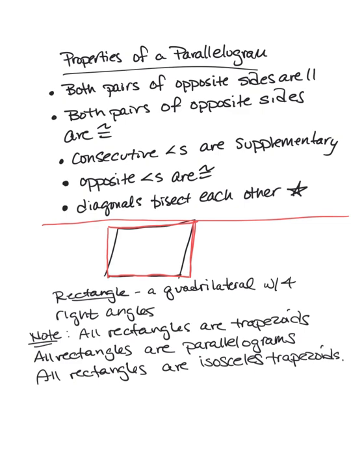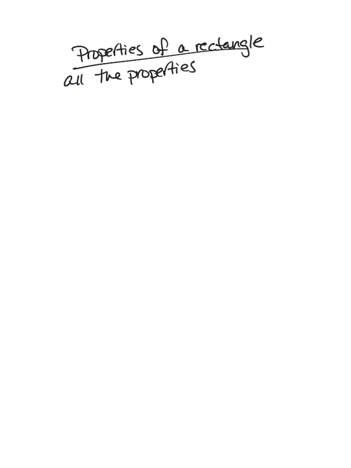So when you have a rectangle, let's look at the properties of a rectangle. Number one, you will have all the properties of a parallelogram. You can write parallelogram like this with a little p in the middle.